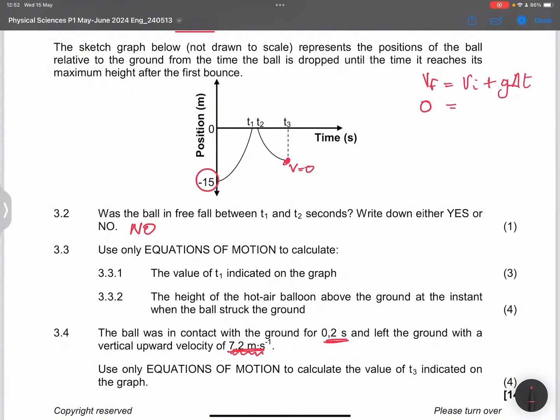Now remember, we already had chosen down as positive. So initial velocity, our ball was actually going up. Okay, this is plus 9.8, and we're looking for the time. Right, so take this to the other side. 7.2 equal to 9.8 delta t, and divided by 9.8.